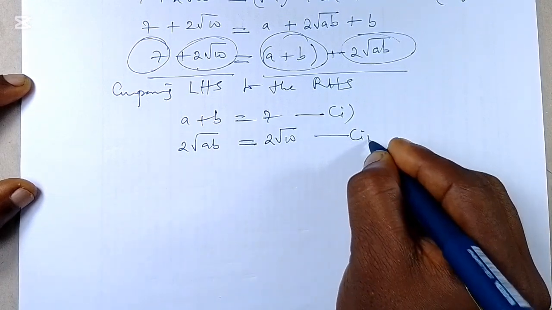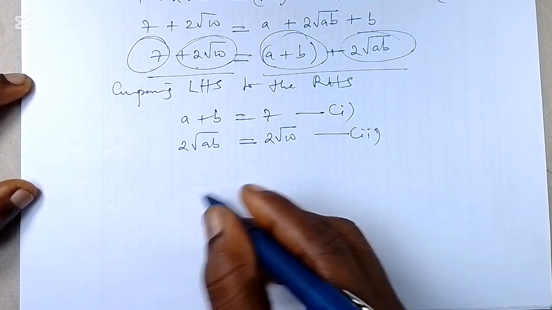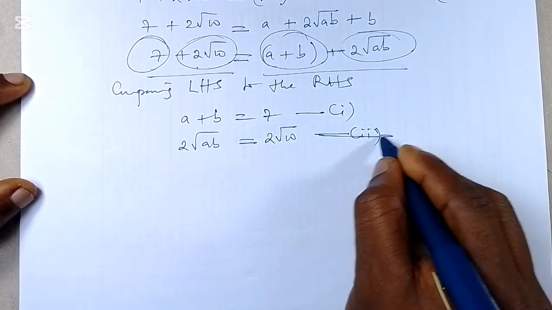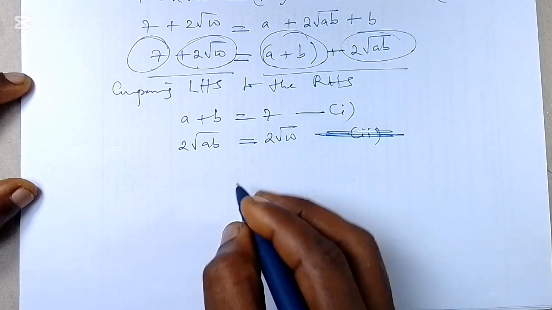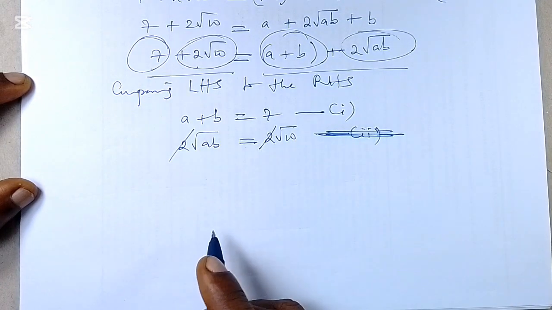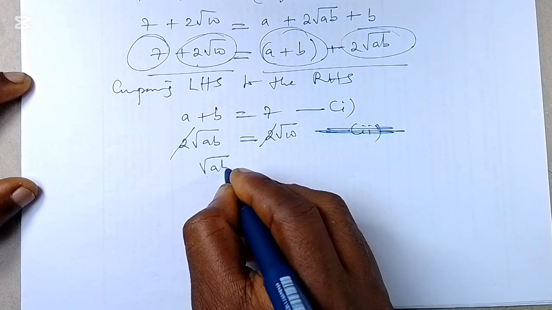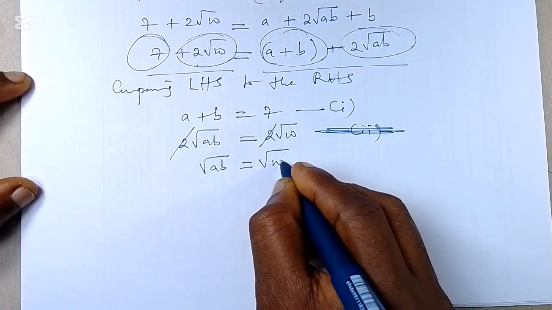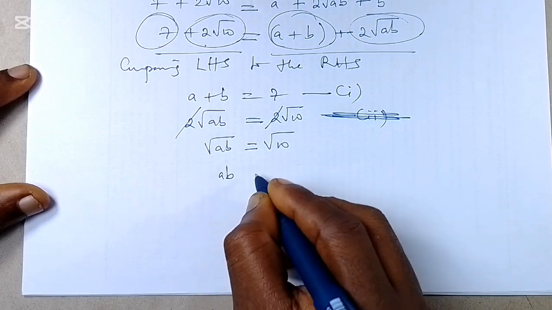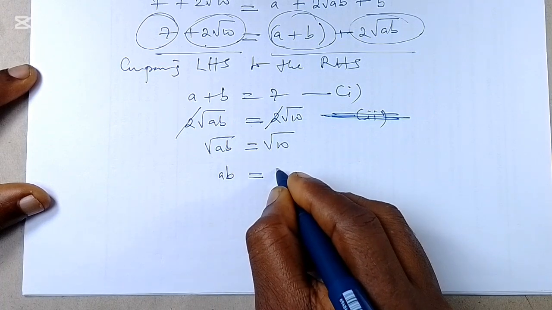I'm going to call this equation 2. Now, you may not even want to call this equation 2 until you simplify it. So let's cancel 2 on both sides, and that will give me root AB equals root 10, which of course implies that if you square both sides, you end up having AB equals 10.